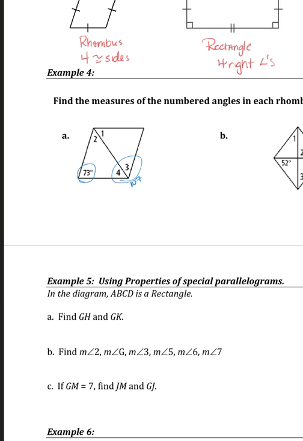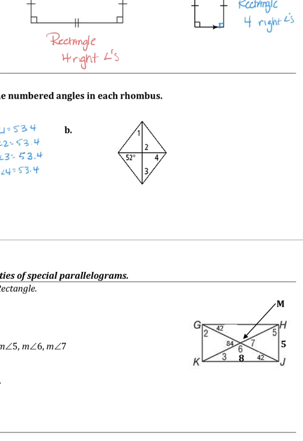Now, on a rhombus, the diagonals bisect opposite angles. Bisect means cut in half. So if I take 107 divided by 2, each of those angles is 53.4, and every angle on the same diagonal has to be the same. So all 4 of those angles are going to be 107 divided by 2, which is 53.4.